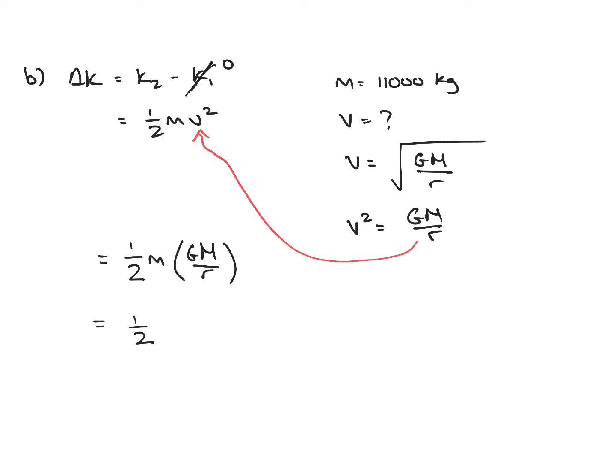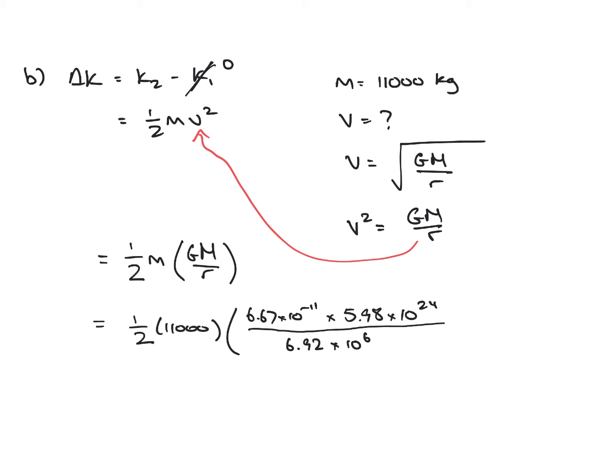This will be 1/2 times 11,000 times 6.67 times 10 to the negative 11 for the universal gravitational constant, times capital M, which would be the mass of the Earth, and r would be the distance between the telescope and the center of the Earth, which was 6.92 times 10 to the 6.